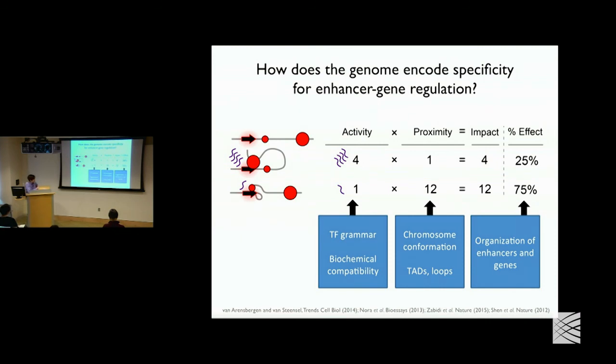We think that the presence of these particular features in the chromosome conformation data, like TADs and loops, are simply going to tweak the proximity values between various enhancers and genes, and that you really have to understand all of the enhancer inputs to a single gene to be able to predict whether any given enhancer regulates a given gene. And so this means that the organization of enhancers and genes in the genome is of incredible importance, and we're still working on understanding what that actually means in terms of why the genome would encode it in these different ways.